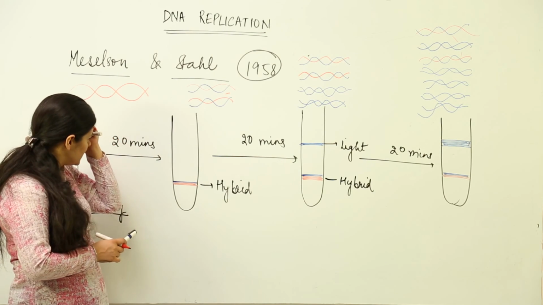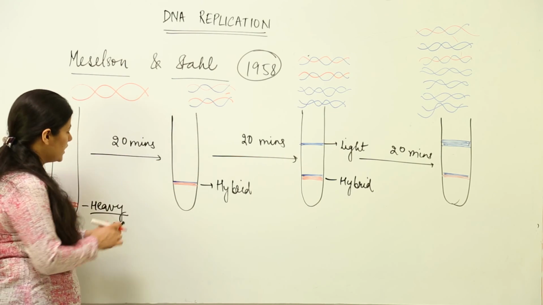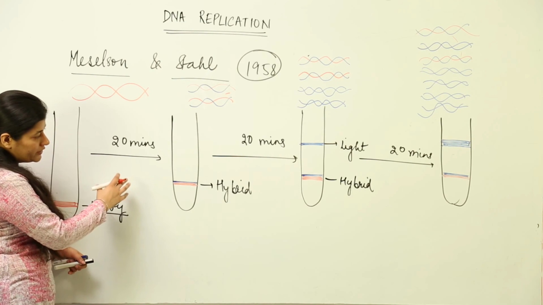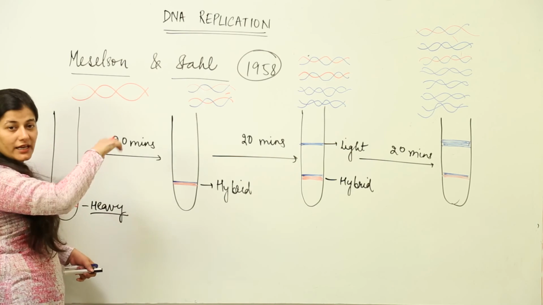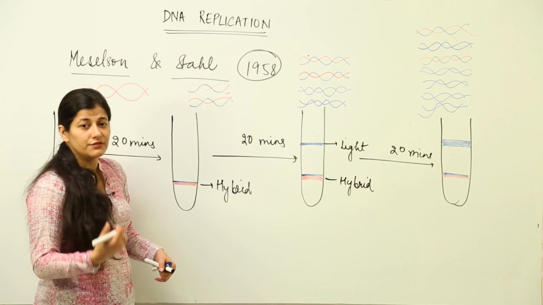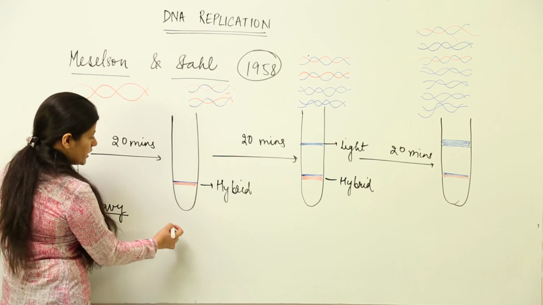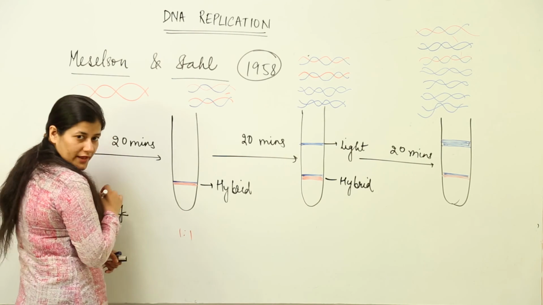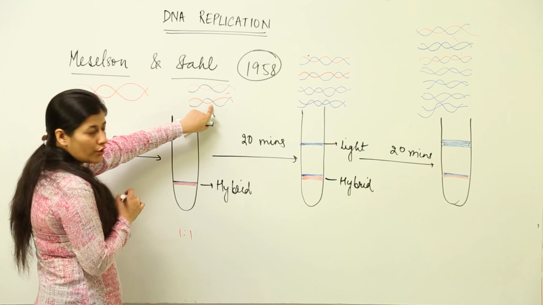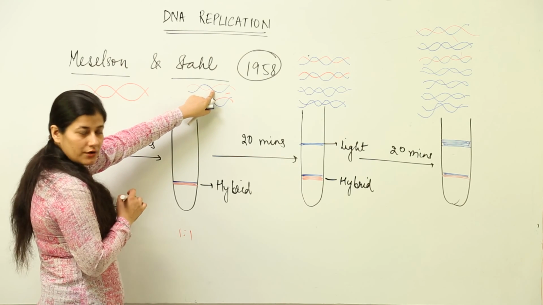It was proven by this experiment, and you can very well make it out that if we are given the example of E. coli, what happens to the DNA content? What would be the ratio of non-radioactive and radioactive content? Over here you get 1:1, that is the ratio. 50% of them are new non-radioactive and 50% are radioactive.